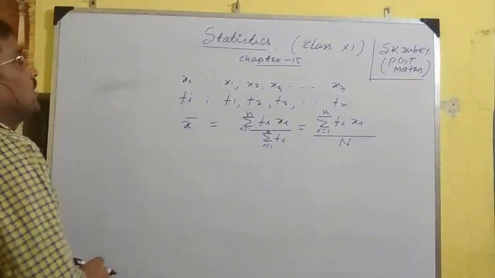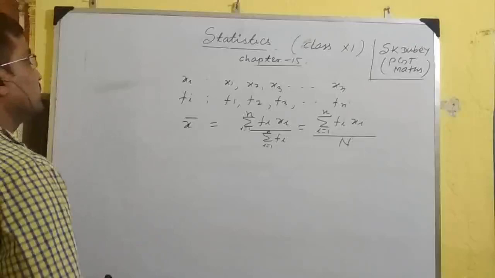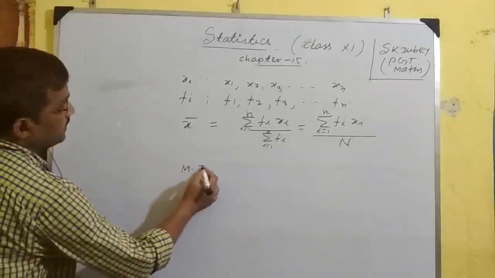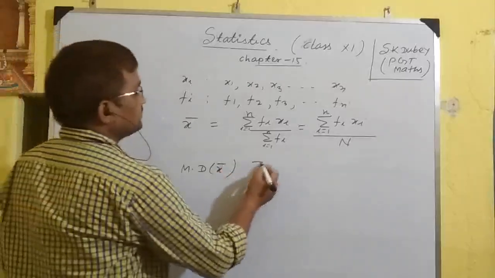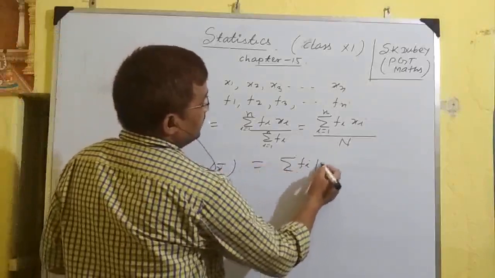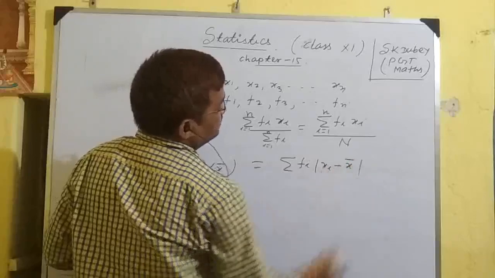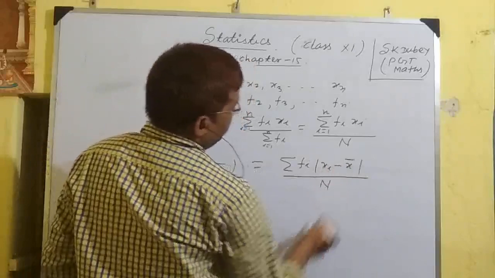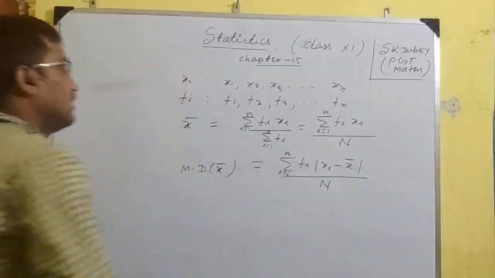Now we have to find the mean deviation about the mean. The mean deviation about the mean for a discrete frequency distribution is the summation of fi times the modulus of xi minus x bar, divided by n, where i varies from 1 to n.